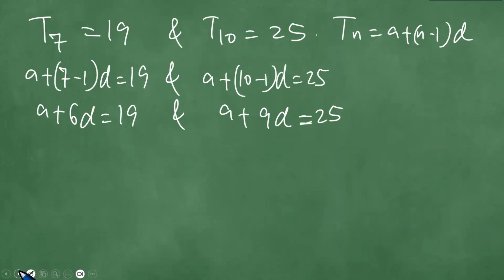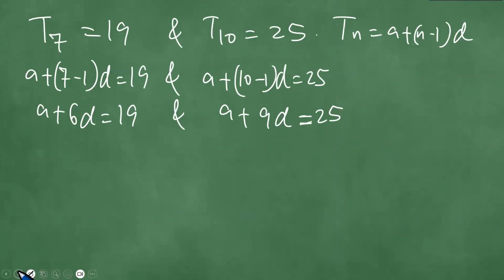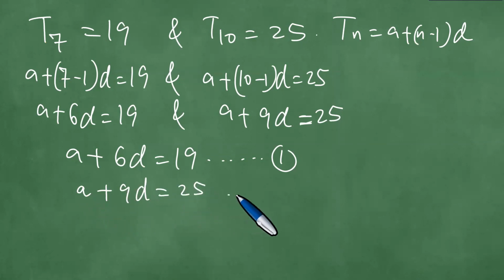We know n, but we must get A and we must get D, the first term and the common difference, out of these. So this one here we call equation 1, and this one equation 2.